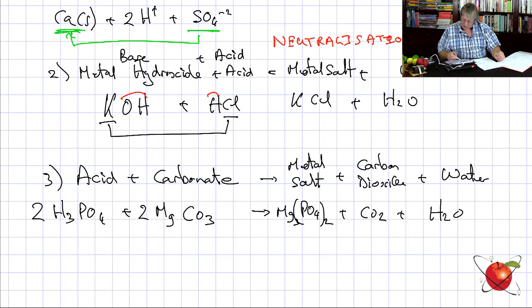C, I've got 2 Cs, but I've only got 1 C there. So I need another C over that side. And we're going to go through this process over and over again. Next we said we're going to look at hydrogens: 6 over there and 2.